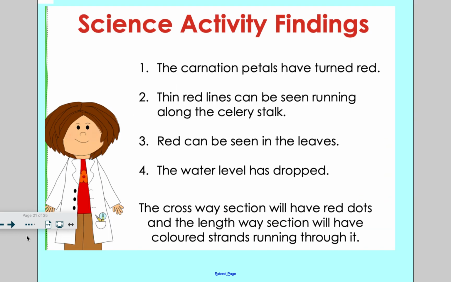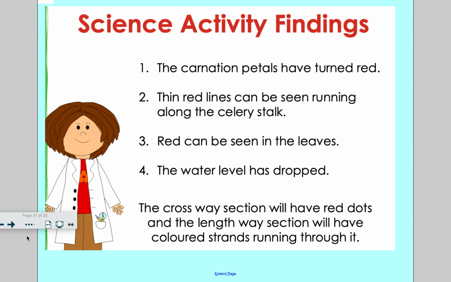Now, what you should find is the carnation petals have turned red or blue, depending on which food colouring you used. If you used a celery stalk, if you actually take that out and cut through the middle of it, you look at the profile of where you've cut the celery and you will see very clearly the tubes that have also coloured with either the red or blue food dye that you've been using, okay?